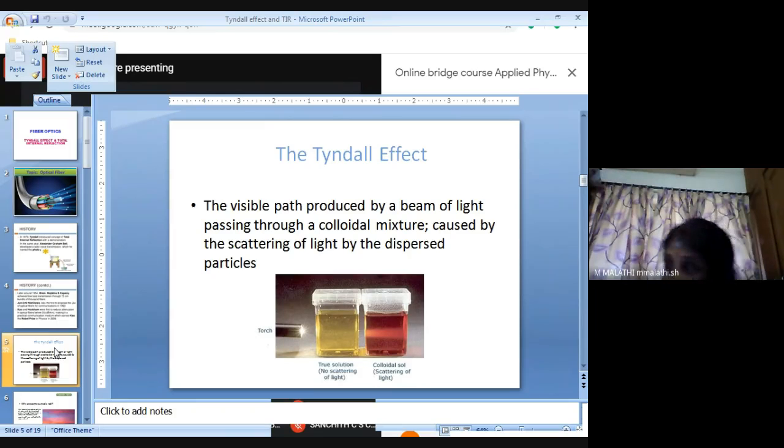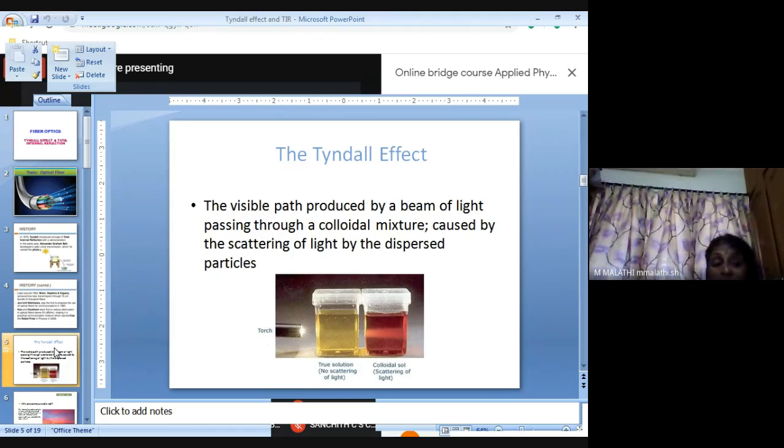This is the actual thing about the Tyndall effect. So the Tyndall effect is the visible path produced by a beam of light passing through a colloidal mixture, caused by the scattering of light by the dispersed particles.